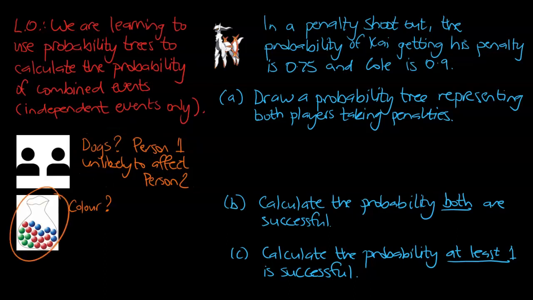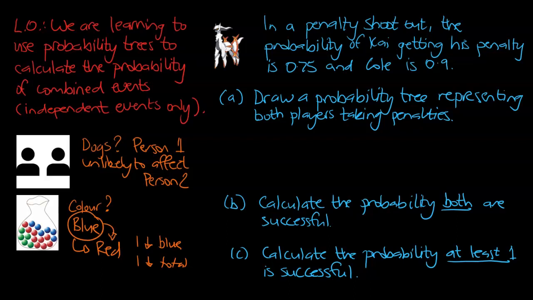For example, with the marbles, maybe we're going to get a blue one to start off with. And after that, you're interested in what's the probability of getting a red one. Well, when that happens, there's one less blue marble to pull, and there's one less in total. So that means the probability of red will be impacted by the probability of blue, and that makes it conditional.